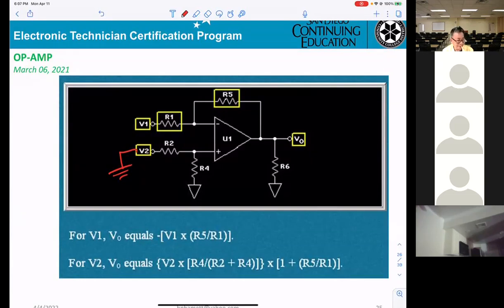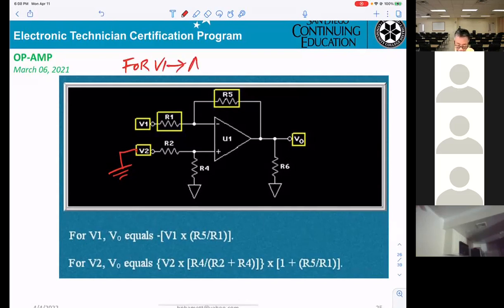Okay, what is the gain? R5 over R1, minus. Right? Yes, sir.